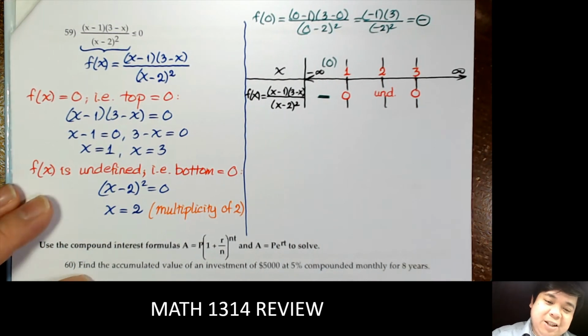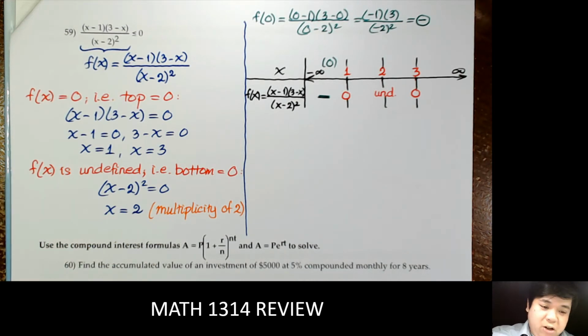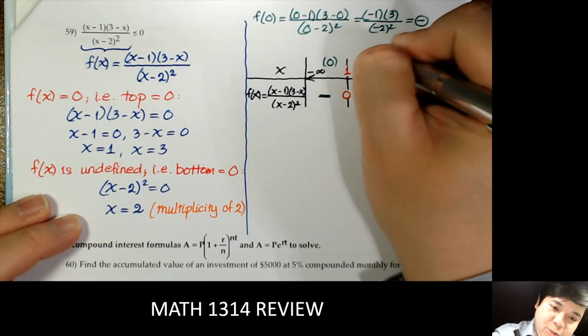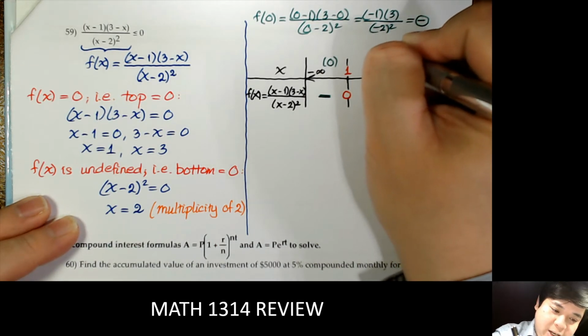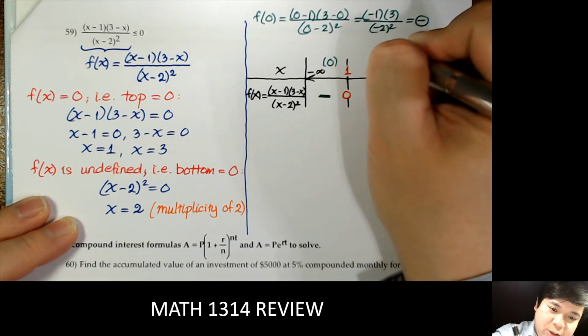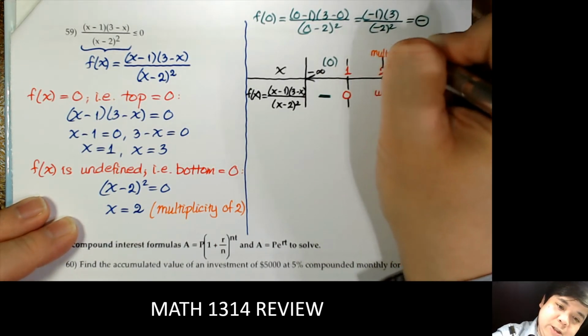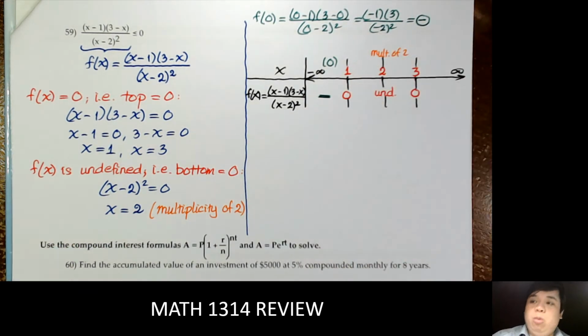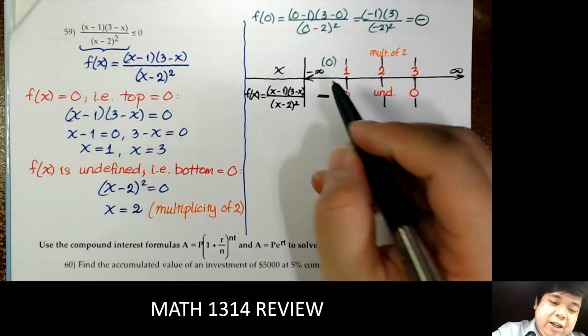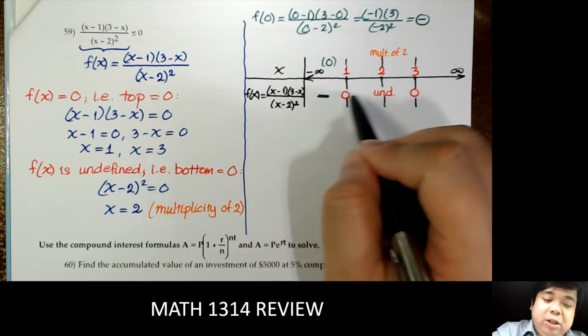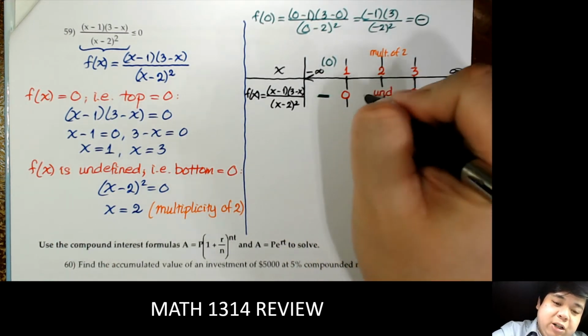Right, next. Let's pay attention on the multiplicity. This is multiplicity of 2 when x equal to 2. Everything else multiplicity of 1. Right, once again, if we go through the multiplicity of 1, the sign will change.